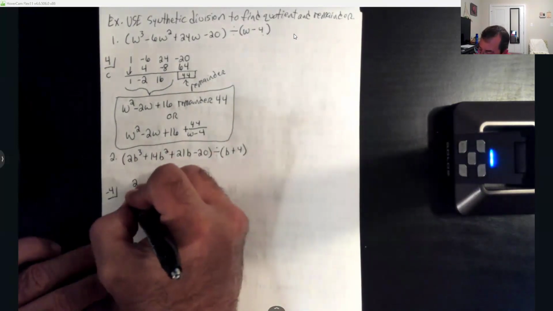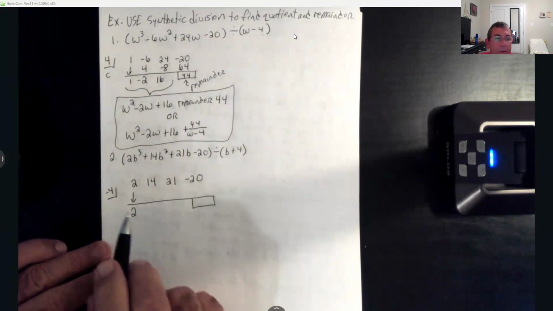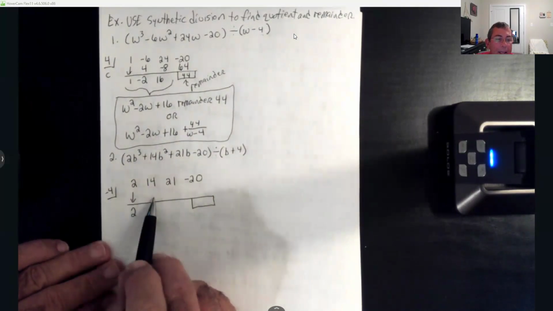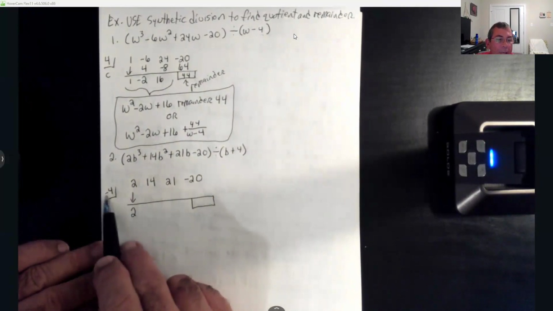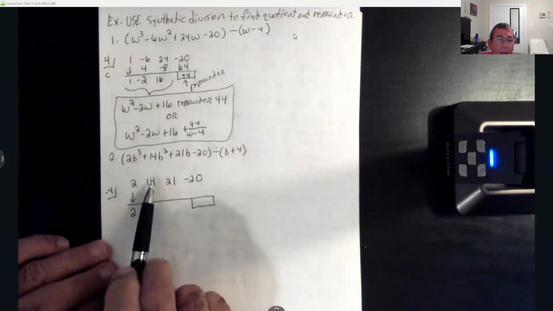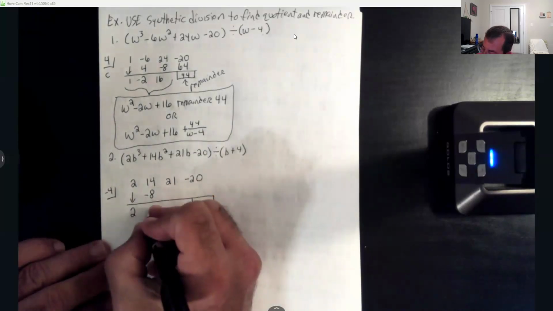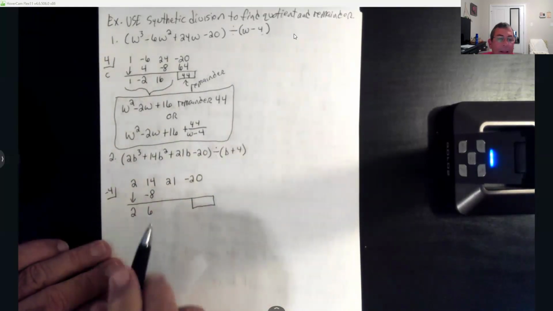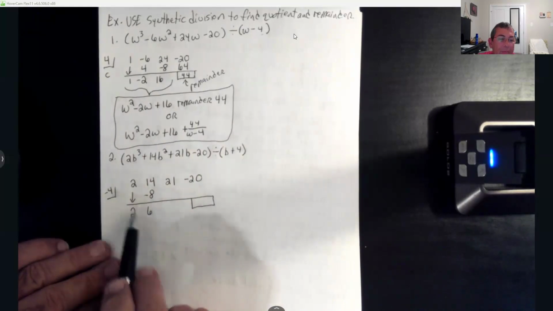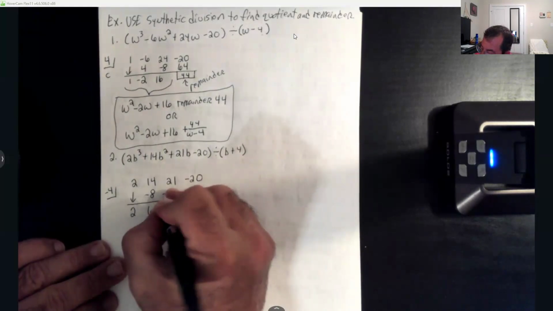So guess what? First number comes straight down, bring down that 2. You're going to multiply to get to the next column. 2 times -4 is -8. You're going to add this row, 14 and -8, gives us a 6. All right, repeat the process, multiply. 6 times -4 is -24.